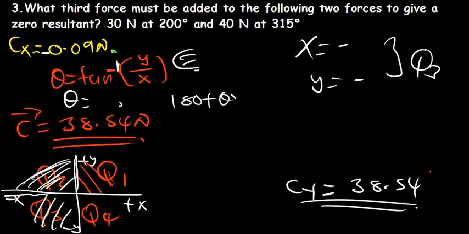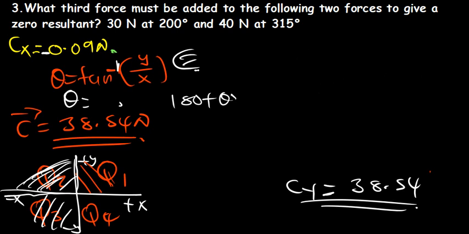When you find that it's negative, you ignore the negative when plugging in the values. Forget about the negative, plug in the values, and you find the theta to be positive. After finding the theta, you follow these simple principles.